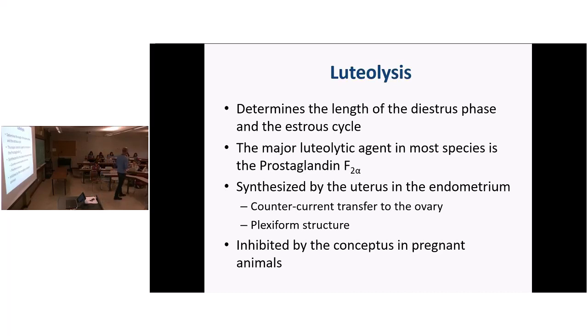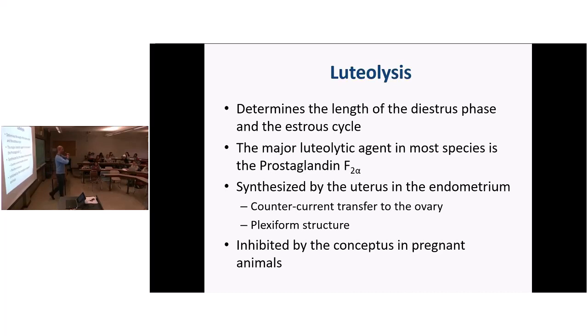Well, later on you will see that contact of the baby with that layer will be one of the most important things to block the effect. This blockage of prostaglandin synthesis by the baby is what we generally call maternal recognition of pregnancy.